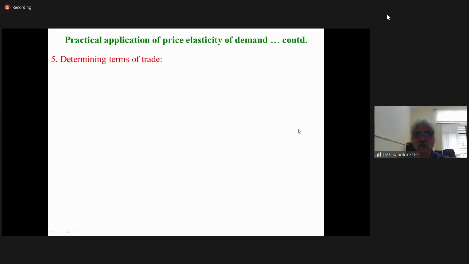How many quintals of, say, rice do we have to give today? And what was the exchange rate in terms of goods last year, 2020? To get one ton of wheat, we had to give, say, 10 bags of rice, 10 quintals of rice.